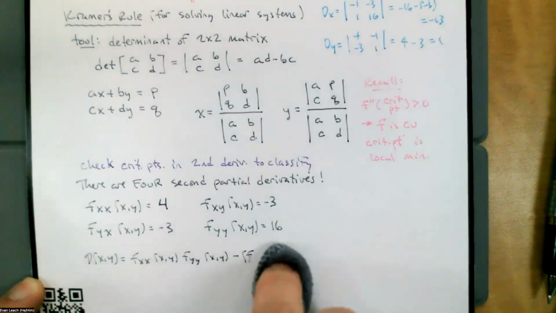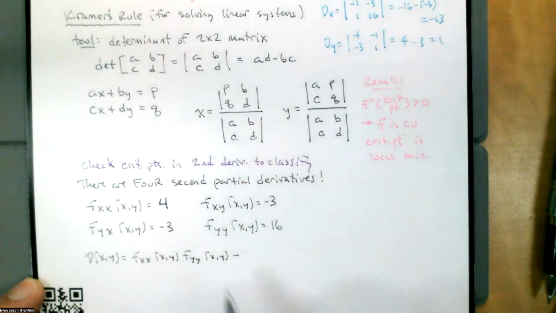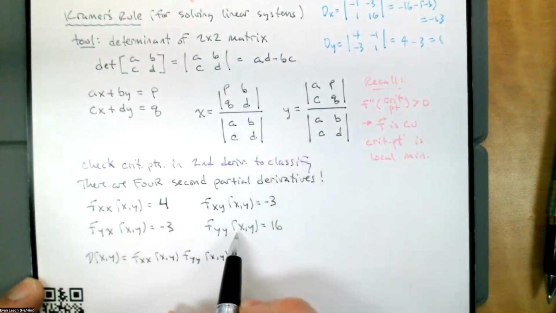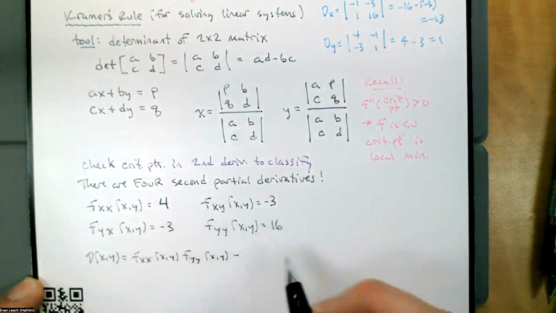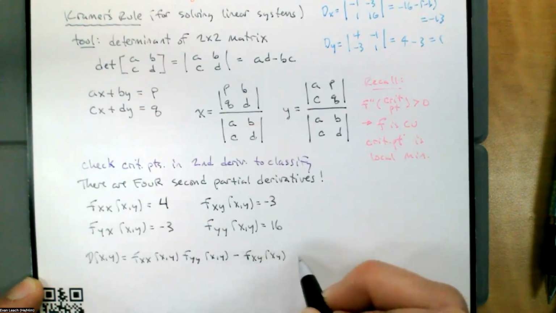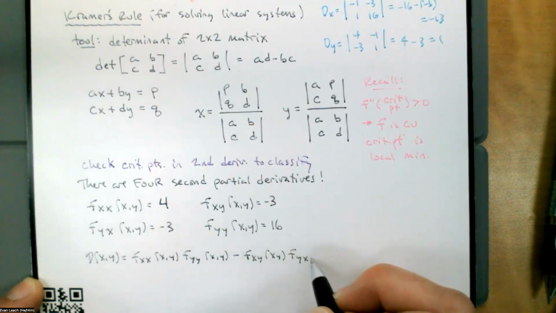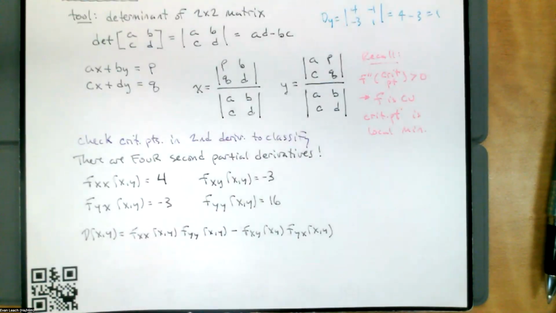See, told you. No, it was squared. What we did was take fxx times fyy minus fxy times fyx. But since the second mixed partials are the same, we can write that as fxy squared. Once again, we want to know where stuff comes from so we don't forget it.